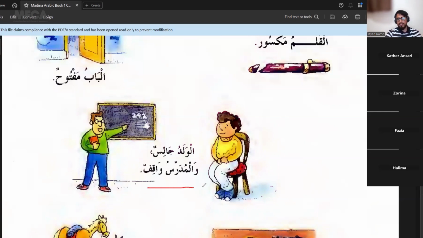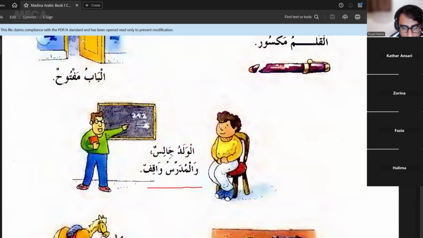Next one. The teacher is standing. How do I say that? Al-mudarrisu waqifun. Al-mudarrisu waqifun. Very good. The teacher is standing.